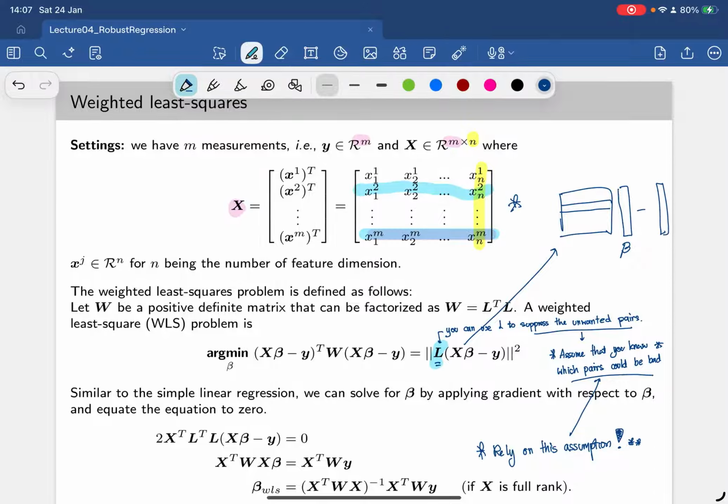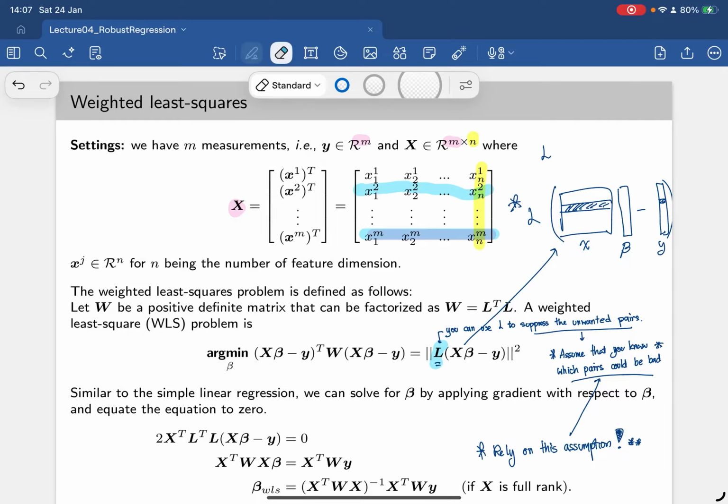But of course, this selection of L will have an impact on the rows of X and the rows of Y. Let's say if we were to decompose it, then you will have L X, sorry, this is a matrix, beta, which is a vector, minus L Y.